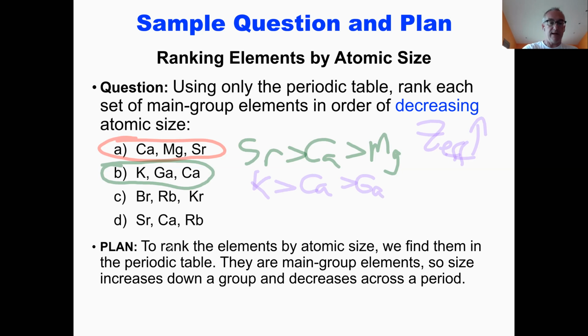Okay, now we have bromine, rubidium, and krypton. Superman's favorite element. So are they going to be in the same group, the same period, or different groups in different periods?